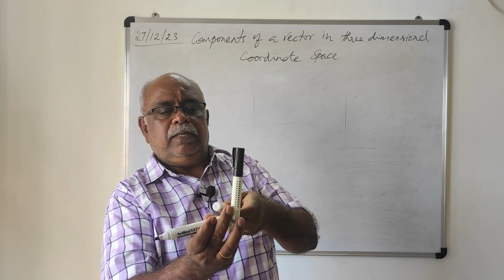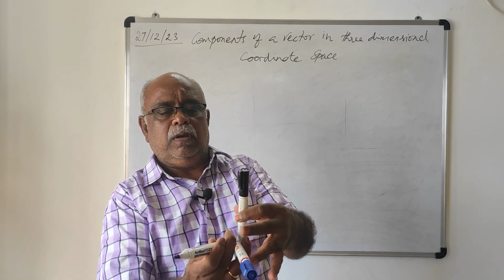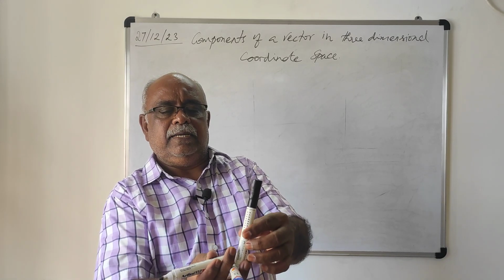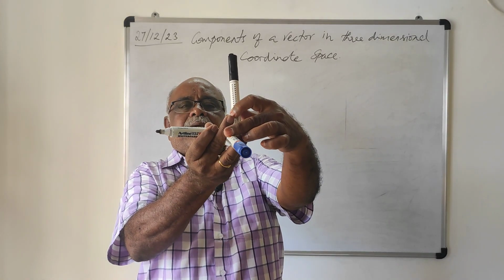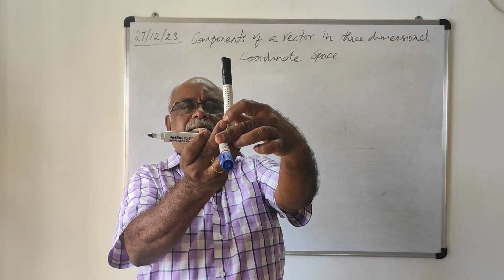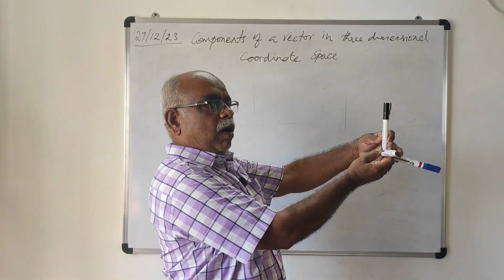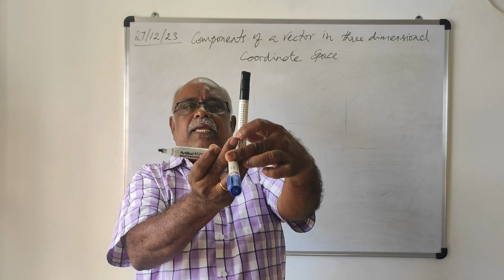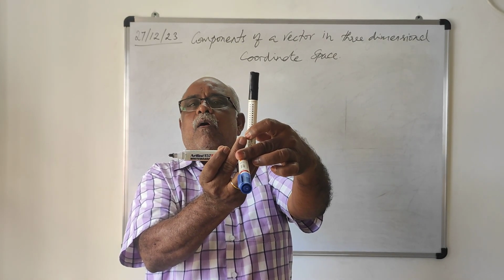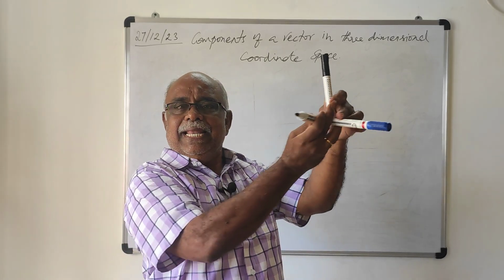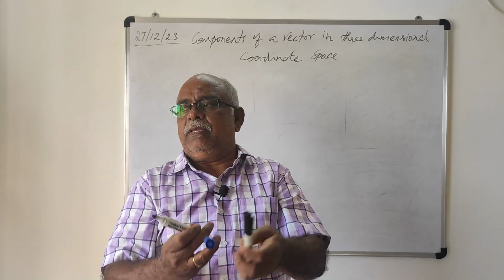This is your z-axis. Like that, these are three mutually perpendicular axes represented by the corner of a wall. This can be represented only in space. A three-dimensional coordinate system cannot be drawn on the two-dimensional board. It is represented only in space.